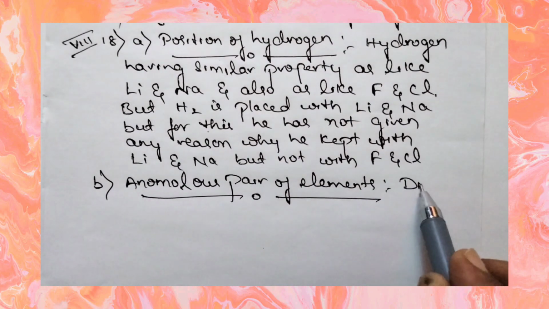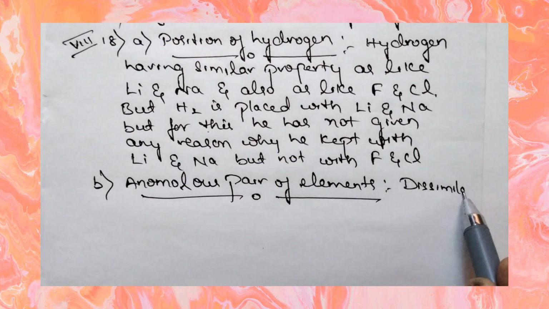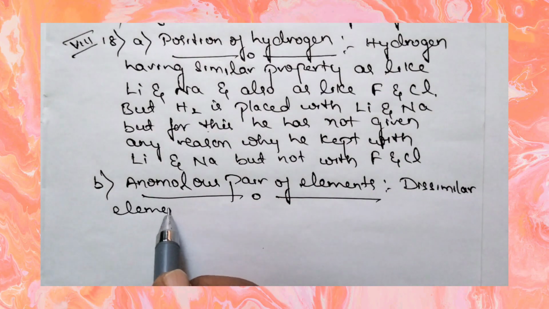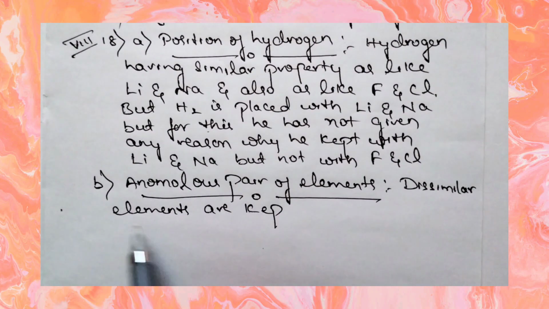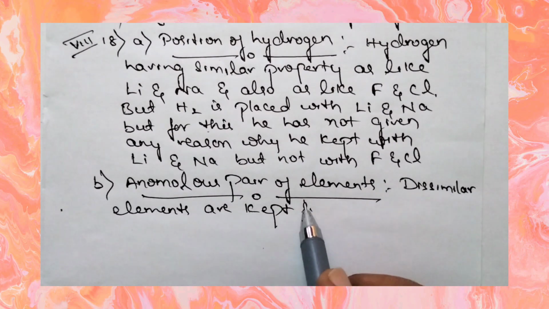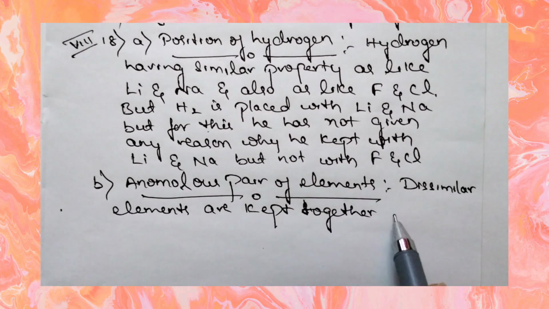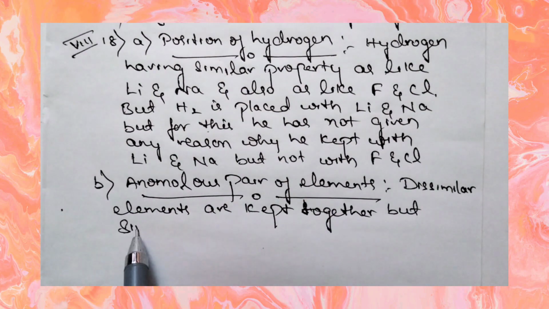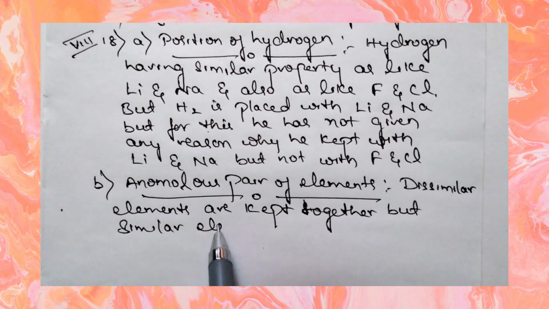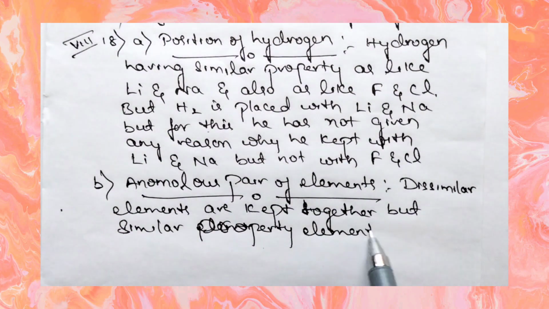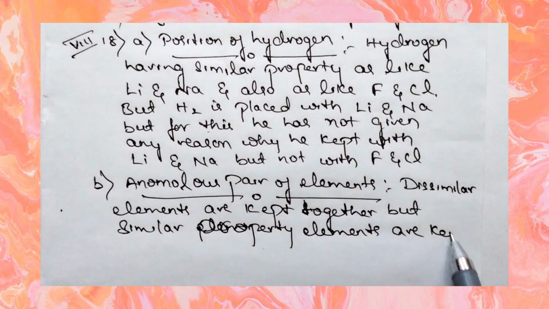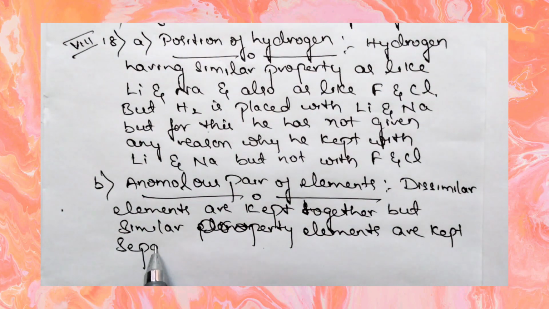Dissimilar elements are kept together, but similar property elements are kept separately. This is the second disadvantage.